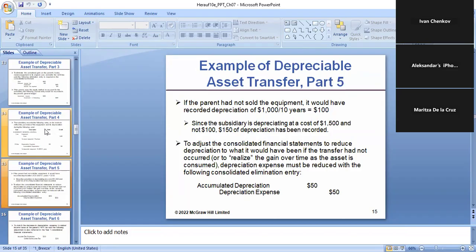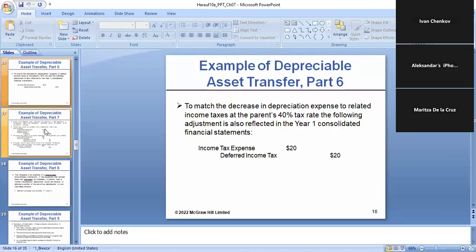So we're going to reduce the accumulated depreciation by 50, and we're going to reduce the depreciation expense by 50. And we're going to bring the depreciation to the reality that has to be on the initial stage where the parent purchased the asset and depreciated the asset over 10 years.